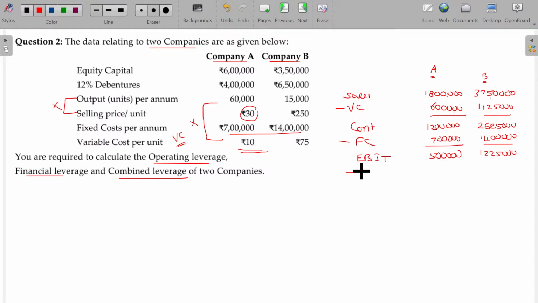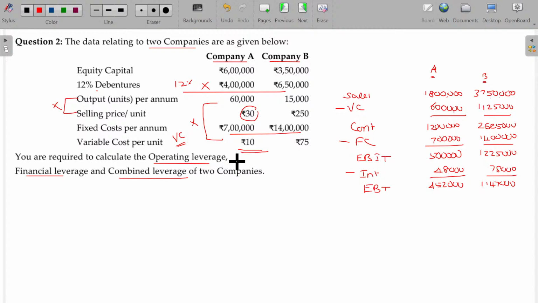Minus interest. 12% debenture, so you have to multiply the debenture value with 12%. 48,000 for A and here 78,000. You'll get EBT, 4 lakhs 52,000, and 11 lakhs 47,000.